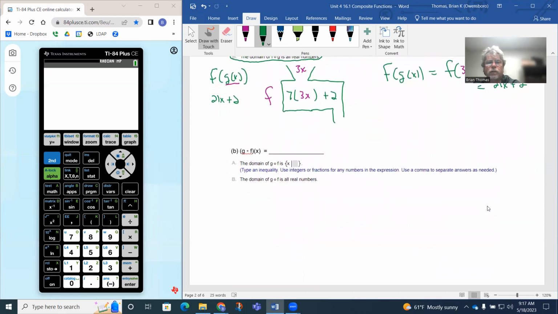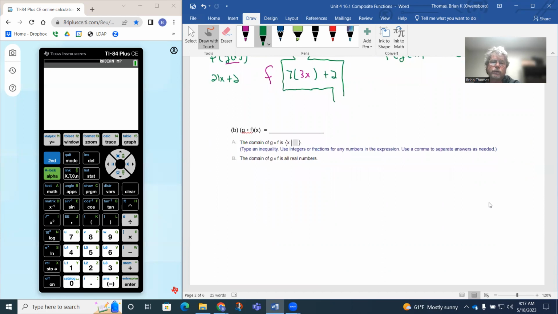So part B, we have to evaluate g of f of x. So this time we have g of f of x. If we look at it from a drawing perspective, g is our function, and notice that f of x becomes our input.